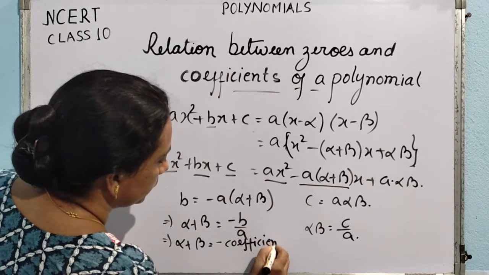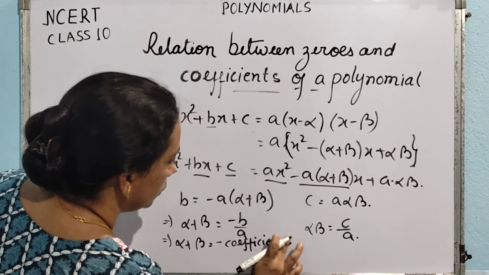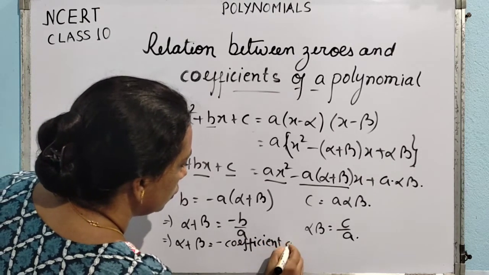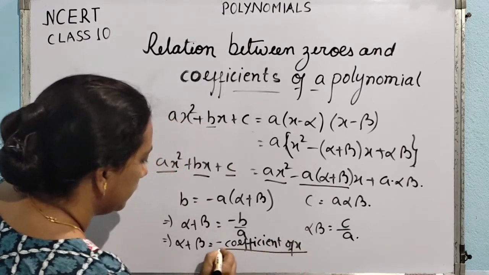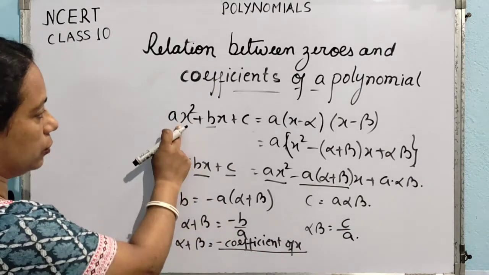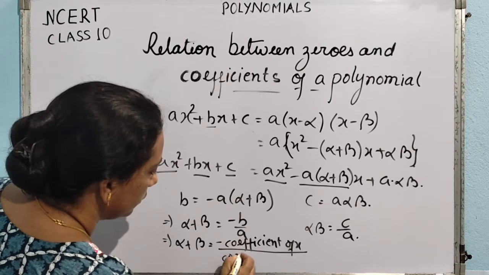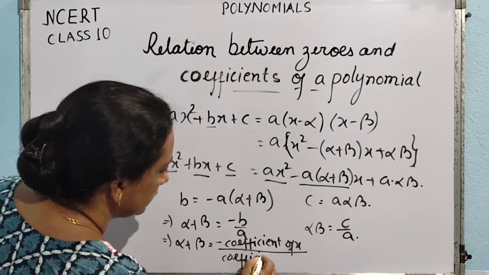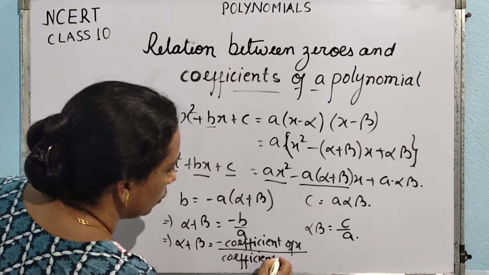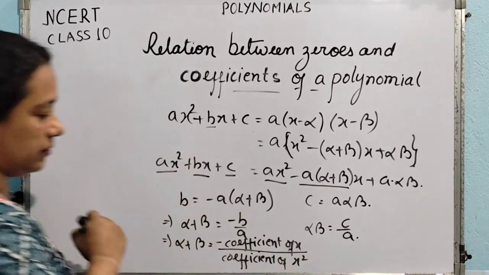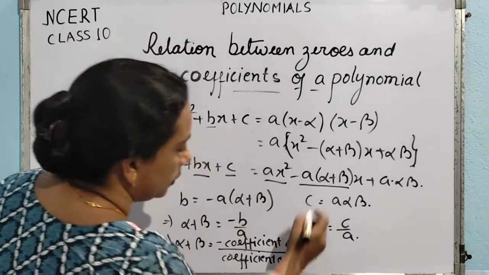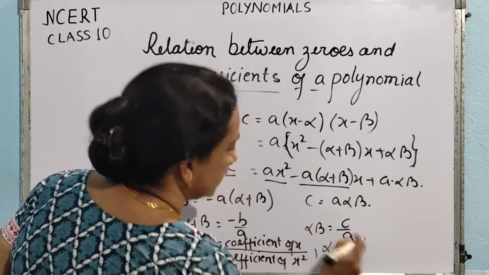So can I write minus coefficient of x by what is a? Coefficient of x square, isn't it? Now alpha into beta is equal to c by a.